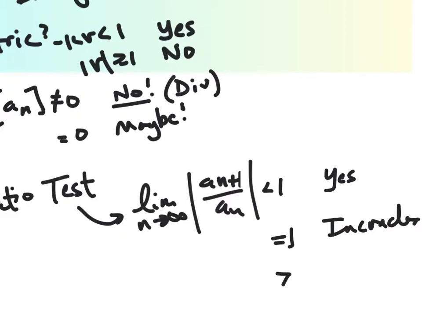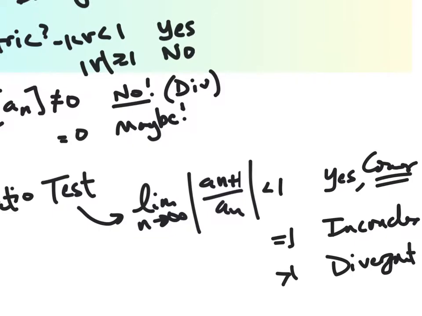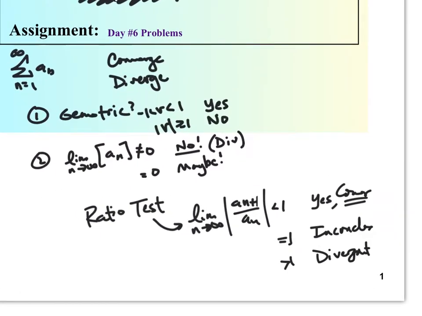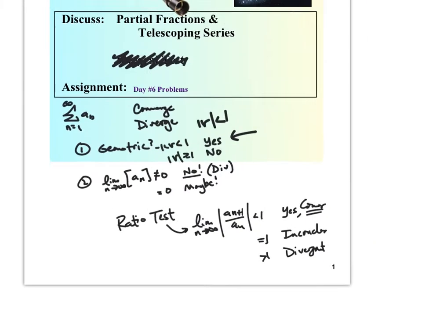And if it's greater than 1, we could say divergent. So we could say convergent if and only if the ratio test yields a value less than 1, or it's geometric with an r value between -1 and 1, or the absolute value of r is less than 1. All right, so that's how far we've come so far today.